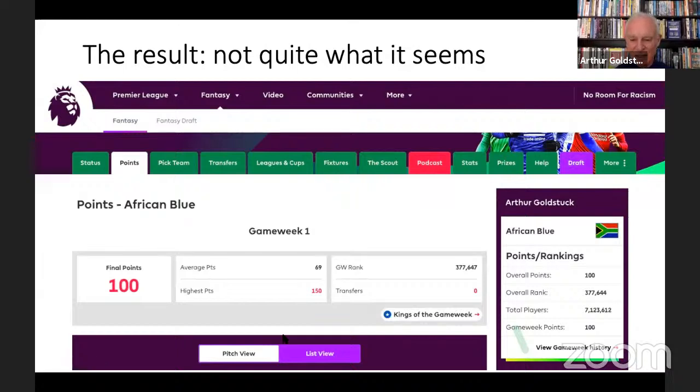The result was that my ranking for the game week was 377,647, which if you're using artificial intelligence, you would expect to be more like in the top 10,000 perhaps out of the 7.7 million. It's still respectable. This is still in the top 2 or 3%, which is pretty cool. But it just shows you that when everyone is using these tools, they're not a differentiator anymore, but they are a ticket to the game.